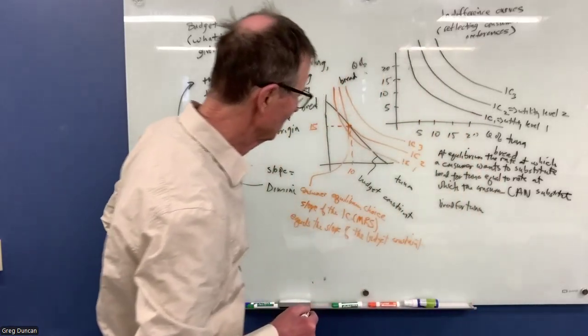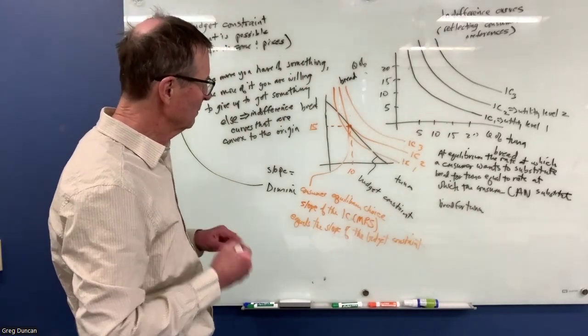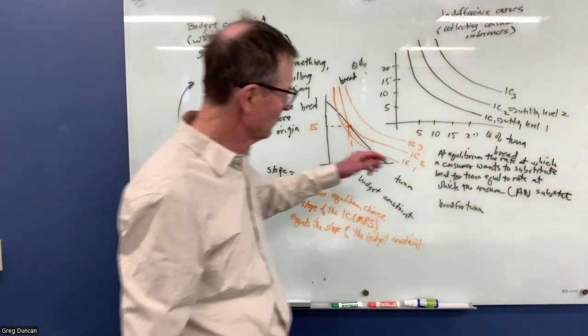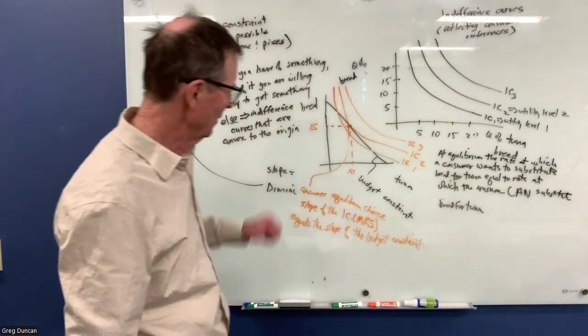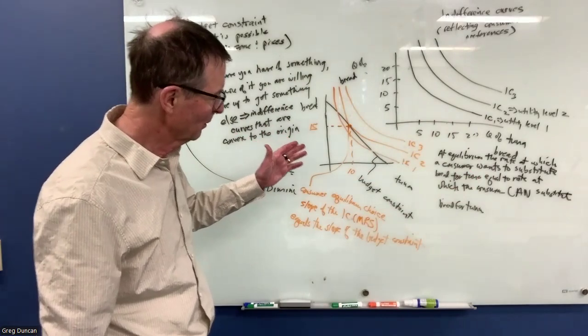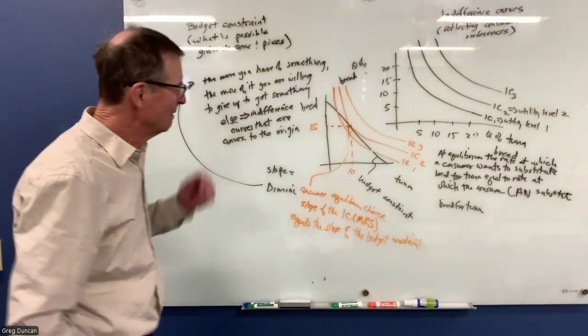Right, this is just the same thing as saying the slopes are the same. Slope of the indifference curve is the rate at which a consumer wants to substitute one good for the other. And the budget constraint is showing the rate at which they can substitute one for the other.